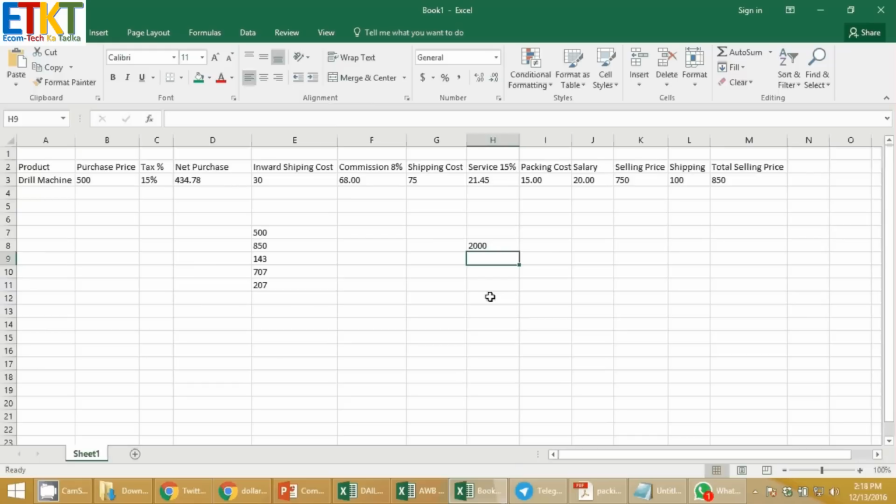So the cost of the total people is around 50,000. Okay, so what I do, basically divide it by 2000 orders. So for each order I am paying around 25 rupees. Okay, for each order that is being dispatched from my side, on an average I am paying around 25.